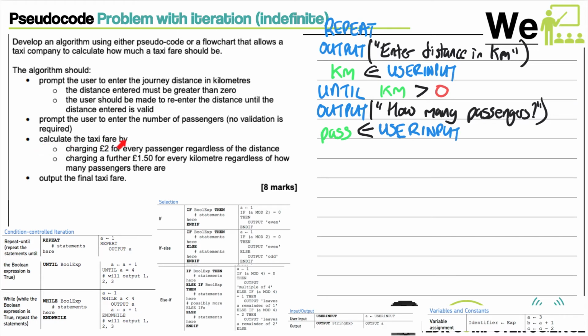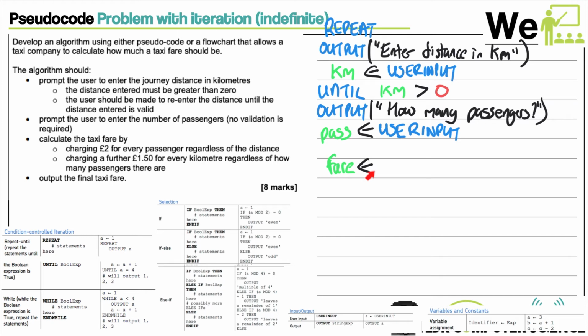Calculate the taxi fare by charging £2 for every passenger regardless of the distance, and charging a further £1.50 for every kilometre regardless of how many passengers there are. Output the final taxi fare. So it's £2 times by pass plus £1.50 times by kilometres. So I'm going to use fare to calculate this whole thing.